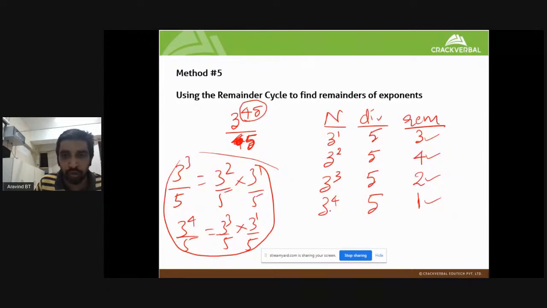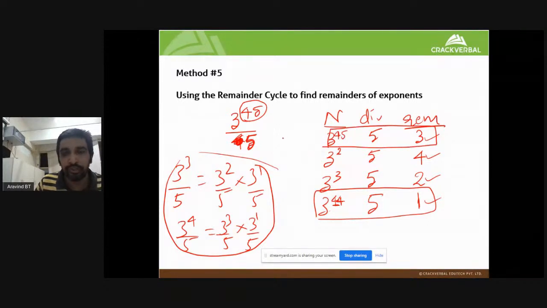All the powers which are multiples of 4 will be here. So I can say 3 power 44 by 5, the remainder will be 1. Therefore, 3 power 45 will be in the first row. So you can say 3 power 45 by 5 gives you a remainder of 3.